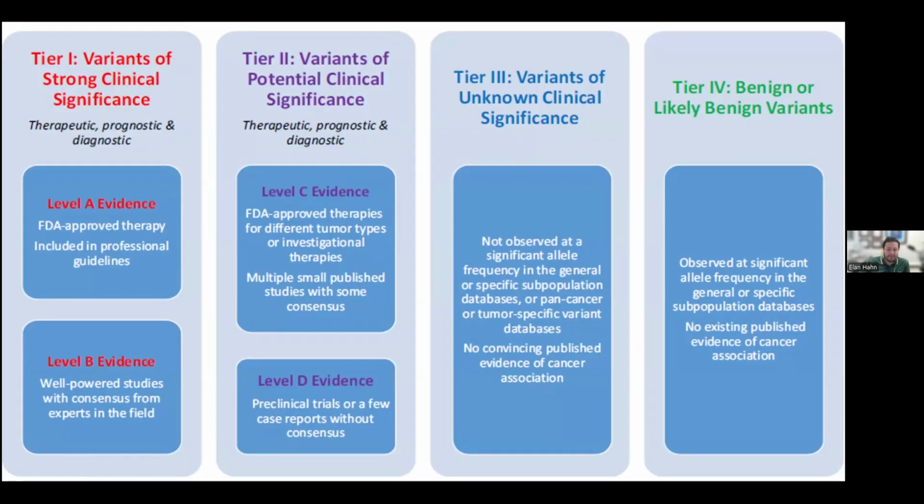And then level D would be biomarkers that show plausible therapeutic significance based on preclinical studies, or may assist with disease diagnosis and or prognosis themselves, or along with other biomarkers based on small studies or multiple case reports without consensus.